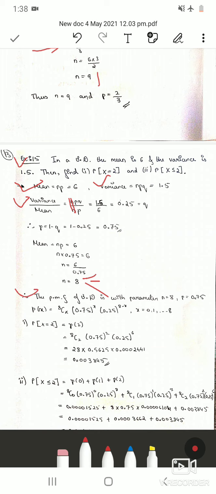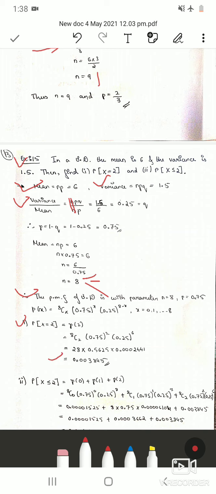Now we can substitute in the PMF of the binomial distribution, that is 8Cx 0.75 raised to x into 0.25 raised to 8 minus x, where x takes the values from 0 to 8. They have asked to find the probability of x equal to 2. So in place of x, substitute 2 and simplify.